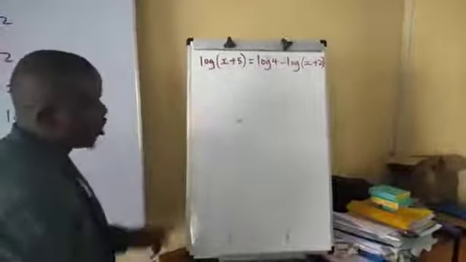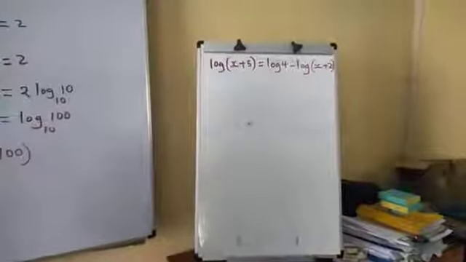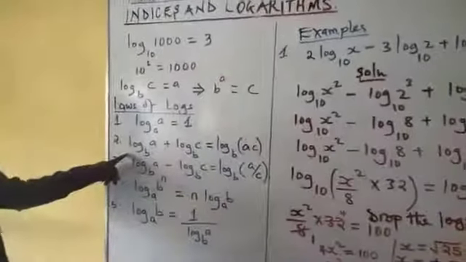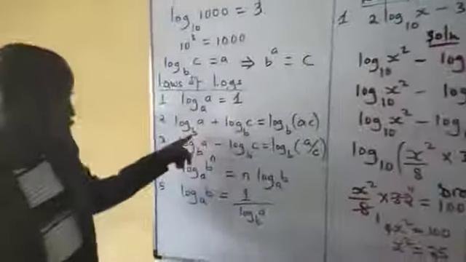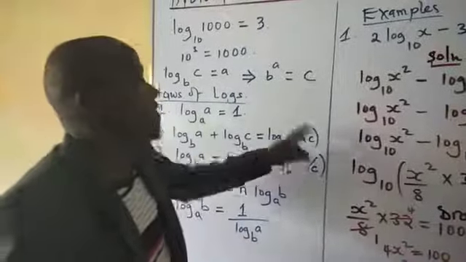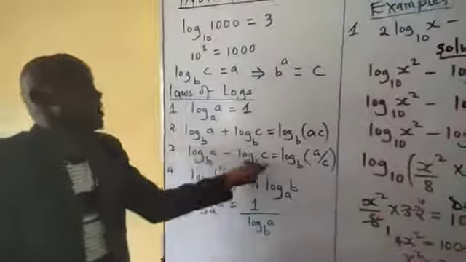So we go straight here to applying law number 1, 2, and 3. In the first case, we know that log of a to base b plus log of c to base b is equal to log of the product of the two numbers. And when it is a minus, we will divide the two numbers.